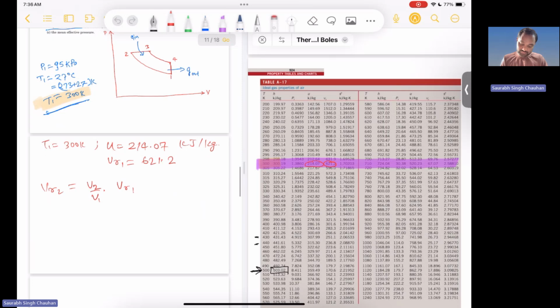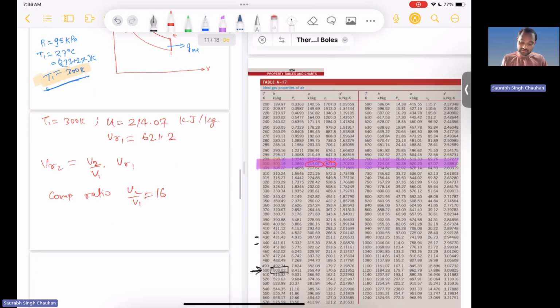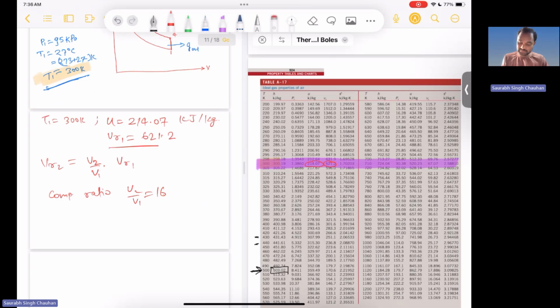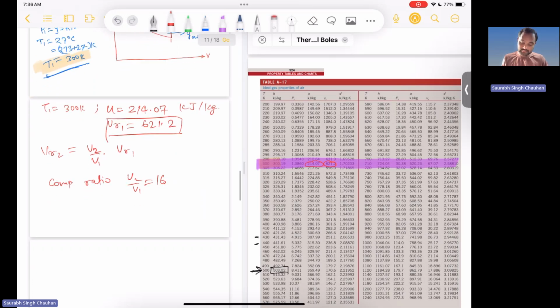So compression ratio V2 by V1, this is given to be 16, and VR1 we can use this value. So we can substitute these values and find VR2.